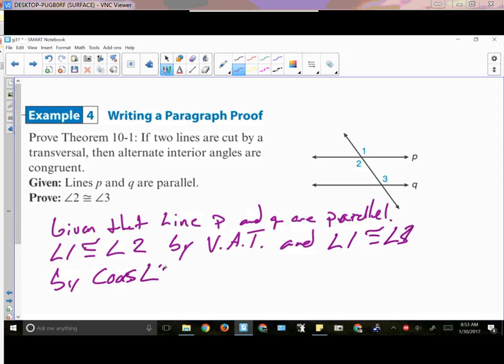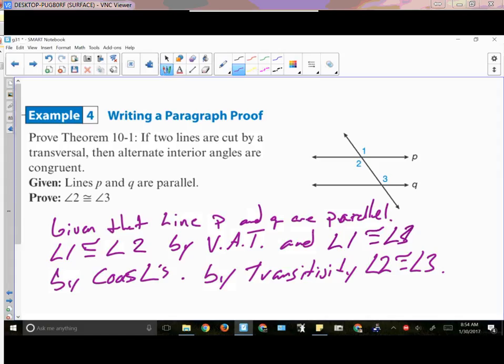By corresponding angles. So, can I now say that something is equal to something else, or congruent to something else? What's the one that I can use? Transitivity. So, I could say, period, by transitivity, angle 1 or angle 2 is congruent to angle 3.